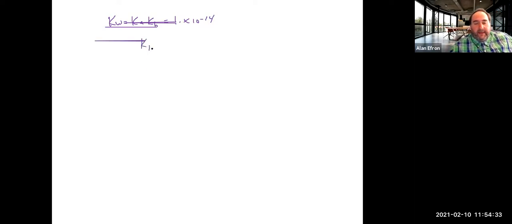So the Kb will equal 1 times 10 to the minus 14 divided by our 7.2 times 10 to the minus 4. If we do that, it's going to give us something like 1.4 times 10 to the minus 11 should be the value we're using.